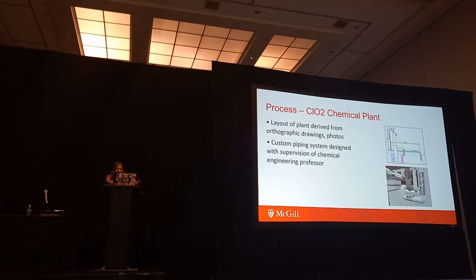One machine gives, say, chilled water to another machine, which gives ClO2 to another machine, and the whole process. This would allow the students to see the flow of how the chemical plant works, and also serve a project that his specific course has, which is actually designing a chemical plant themselves. They can use the VR plant as a springboard to get an idea for how to design one of these plants.